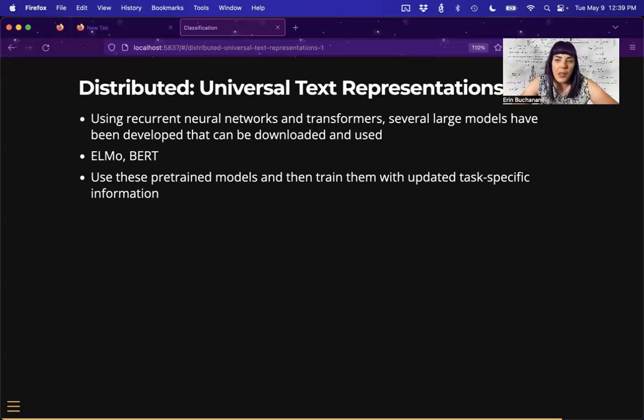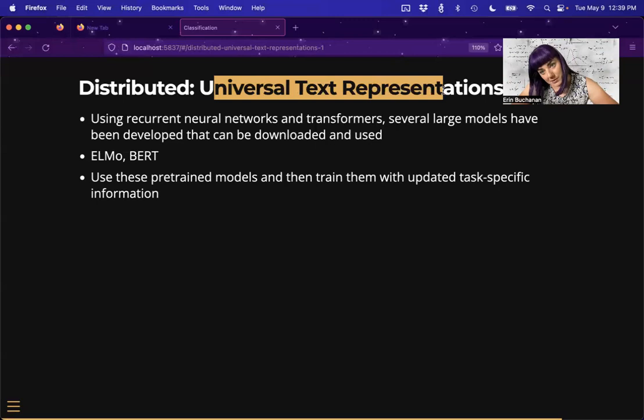So they tend to generalize to lots of different contexts, hence the universal text representation name, as opposed to specific text level representations, right? So Word2Vec is at the specific text level. This is more like global stuff. And so the suggestion is to take these pre-trained models and add your own examples to it with a task-specific information.